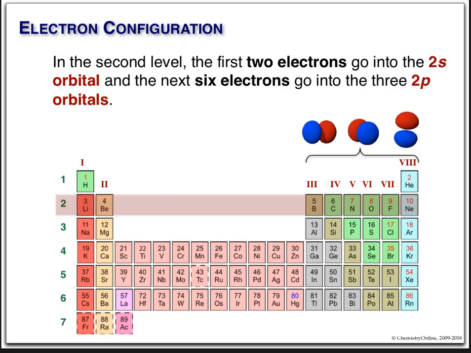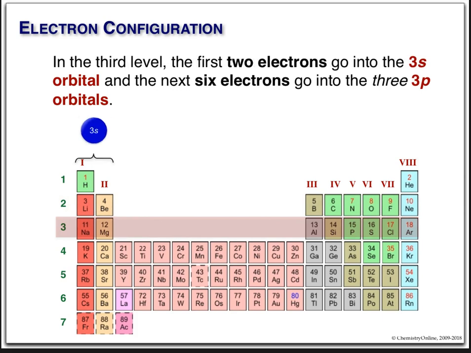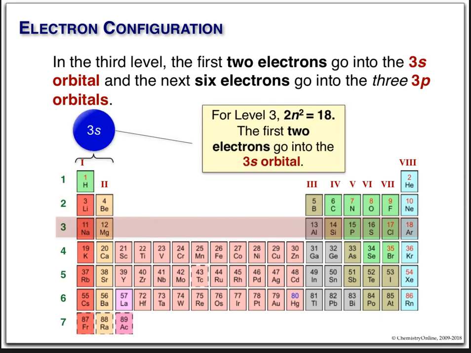These guys are our sets of 3 p orbitals. 2 electrons, 2 electrons, 2, a total of 6. We have 1, 2, 3, 4, 5, 6 atoms. We're just adding electrons along with the protons to make the atoms. Our third, we're still doing 3s now. So first 2 electrons go in the s.